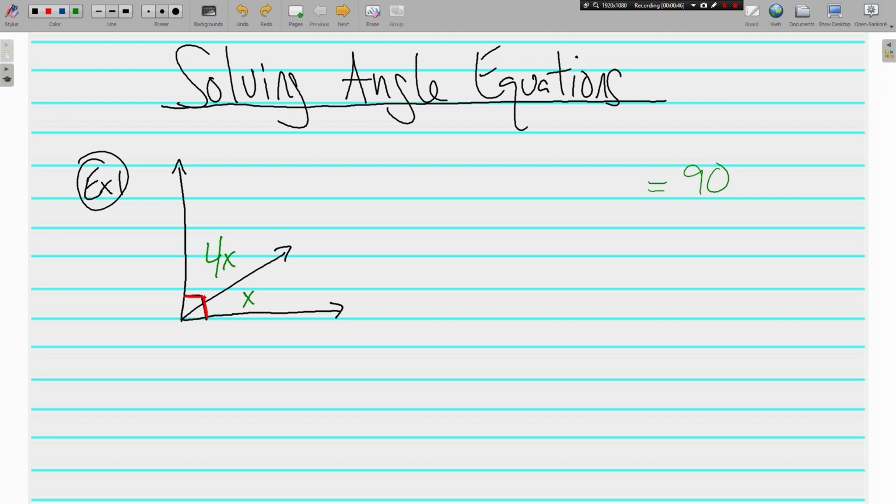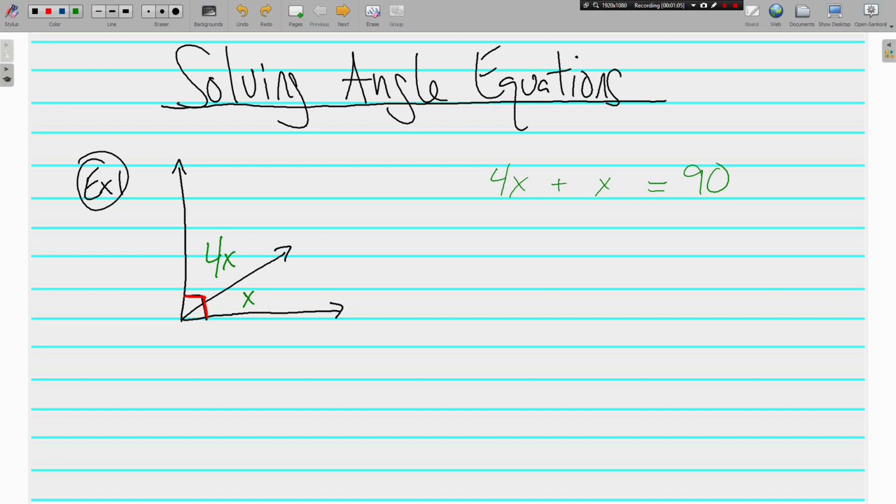A right angle is 90 degrees, and there are two angles that make up this 90 degrees, and they are 4x and x. So 4x plus x equals 90.